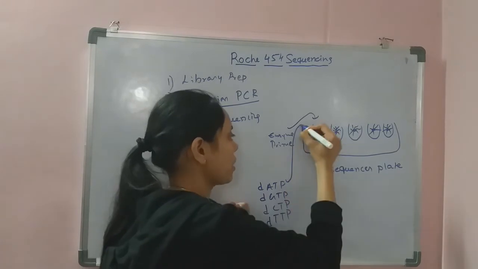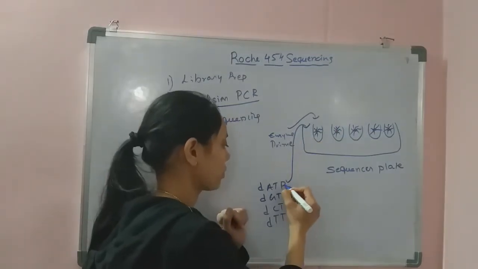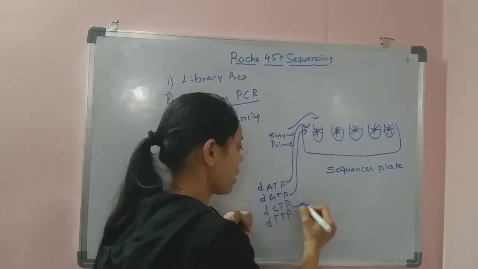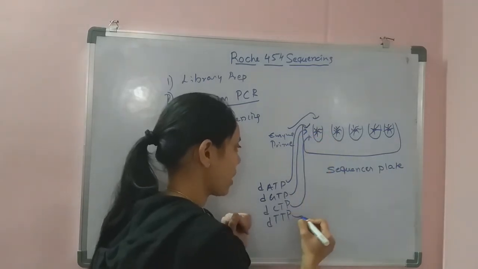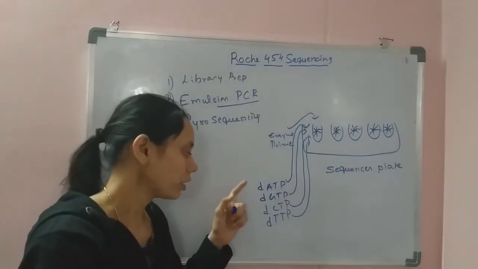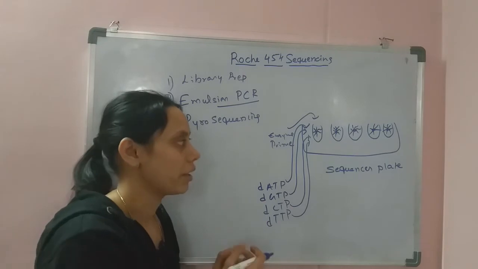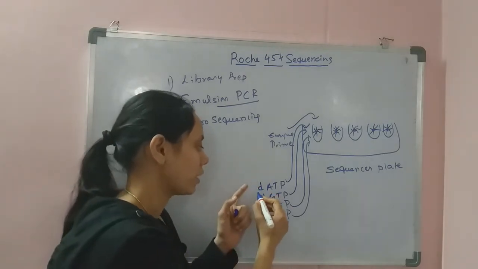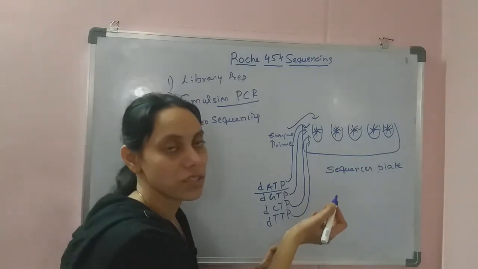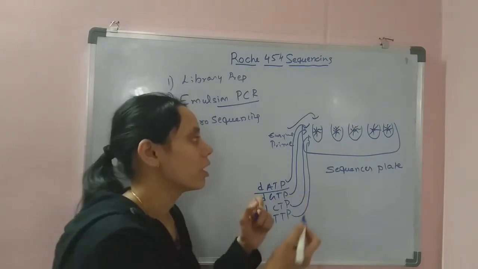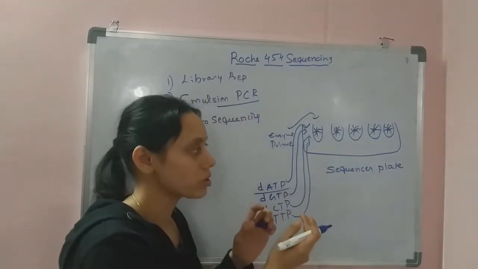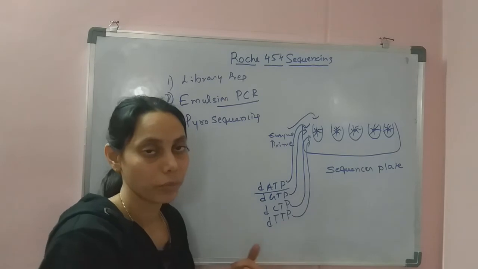That means dATP is added in a single step, followed by dGTP, and dCTP will be added in the following step. Like that, one by one, these nucleotides will be added, and once a type of nucleotide is added on the sequencer plate, we need to check in which nanopores or wells the signal is produced.